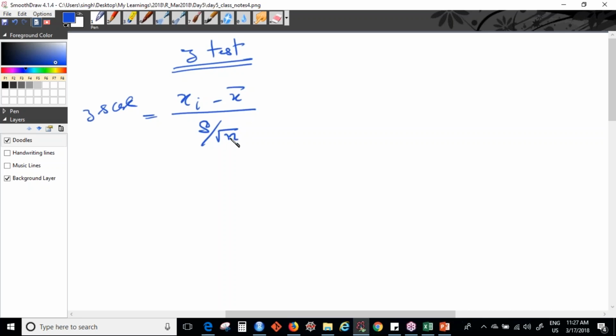What we saw earlier was for where n is equal to 1, and where you know the population standard deviation. When you know the population standard deviation, you can directly use it here. But when you don't know the population standard deviation, you use the sample standard deviation. So S is the sample standard deviation.